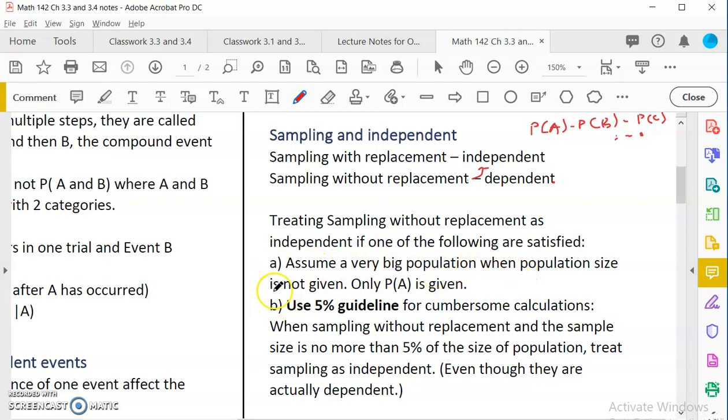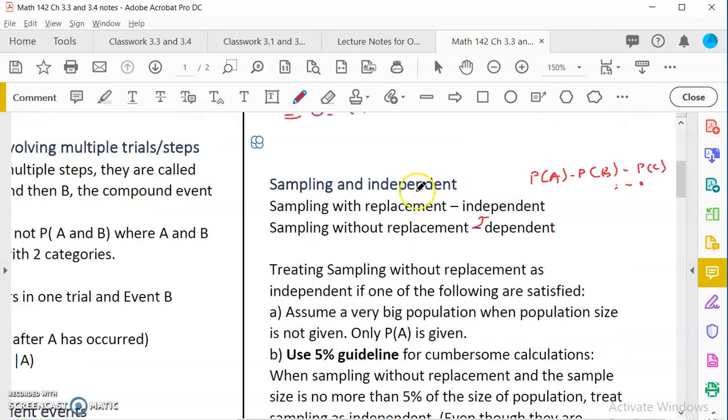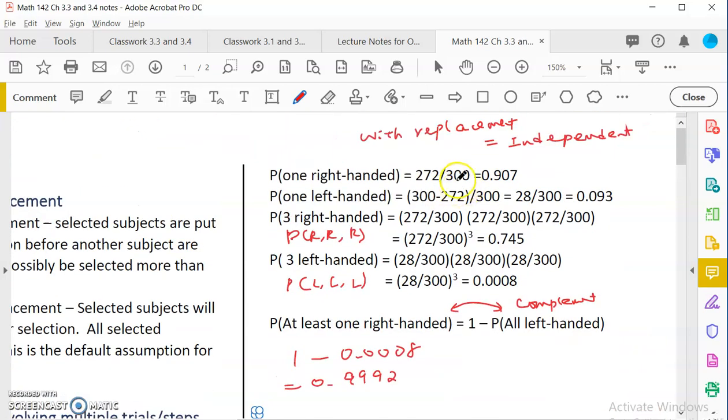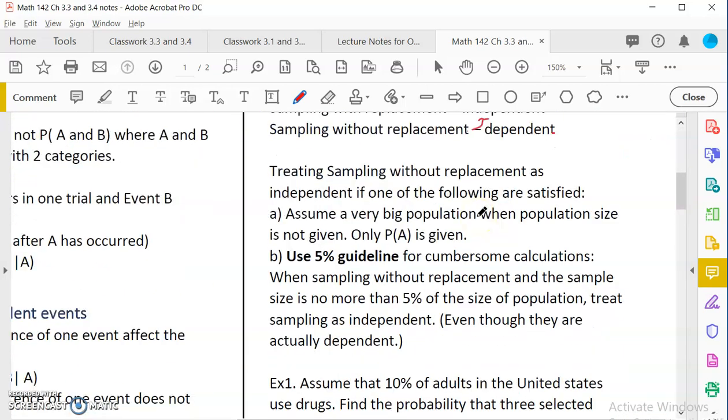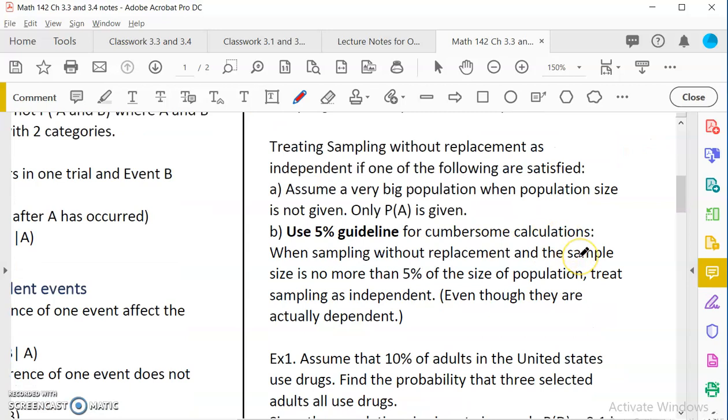When the population size is not given, you don't even know how many you are sampling from. Like in the last example, we have 300 adults that we are sampling from. The population size is 300, and we just picked from them, so you know the probability of A. But in this particular case, only the probability of A, or the relative frequency of a category, is given.